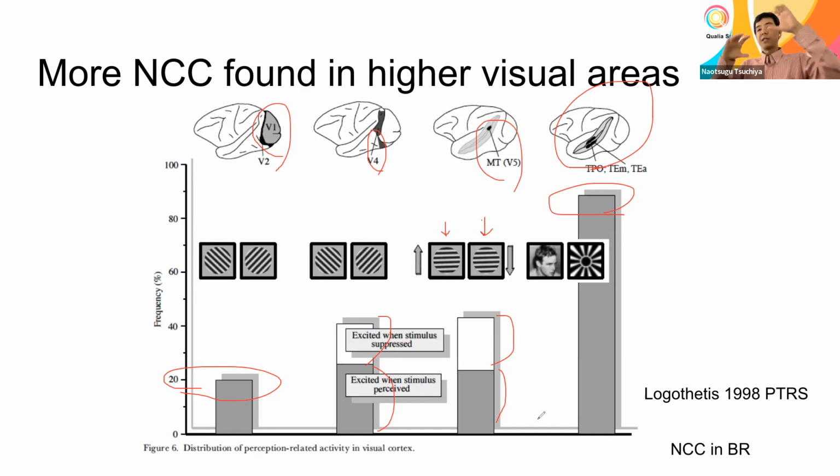But if you change the combination of the stimulus, it turned out that almost 100% of MT can be correlated with the perception, depending on the combination with the other stimulus. So there's still an unknown, but this type of binocular rivalry experiment has been ongoing and has also been utilized to find the neural correlates of consciousness in a precise manner at the level of neuron firing.